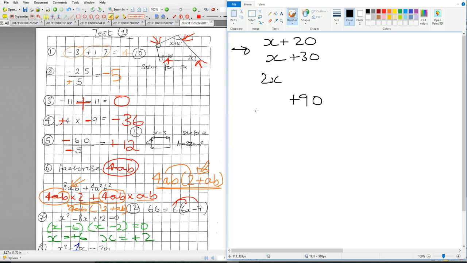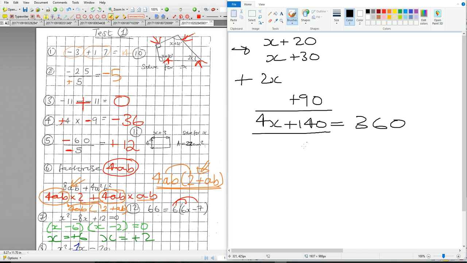So let's put everything in the right place and add them up. 20 and 30 will give us 50. 50 and 90 will give us 140. 2x and x is 3x, and 1x gives you 4x. And that must all add up to 360.